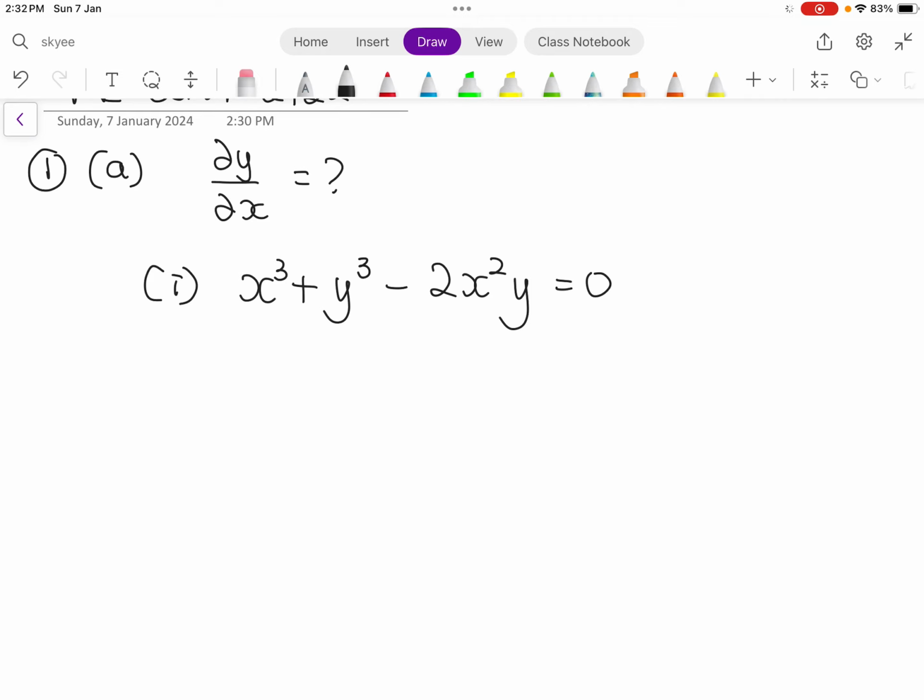But for this case, you cannot split the y from the x. So here we have to use the implicit partial differentiations.